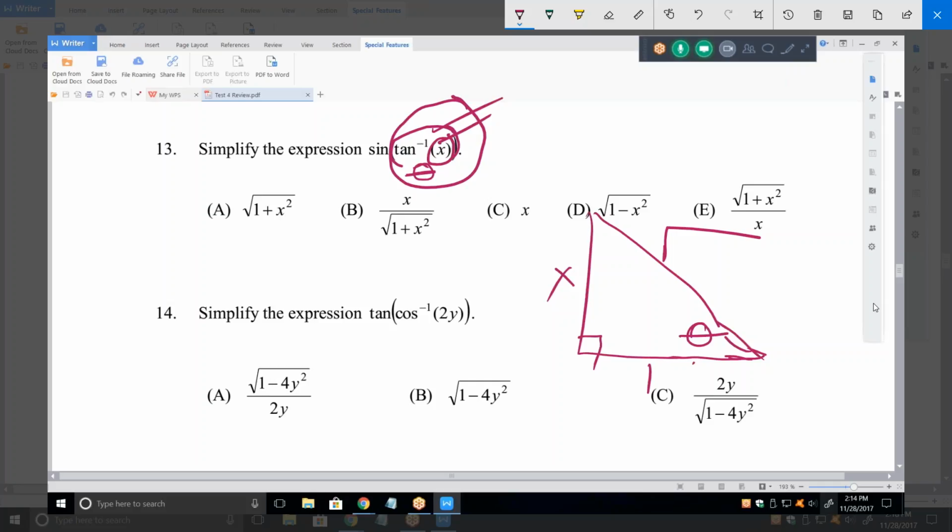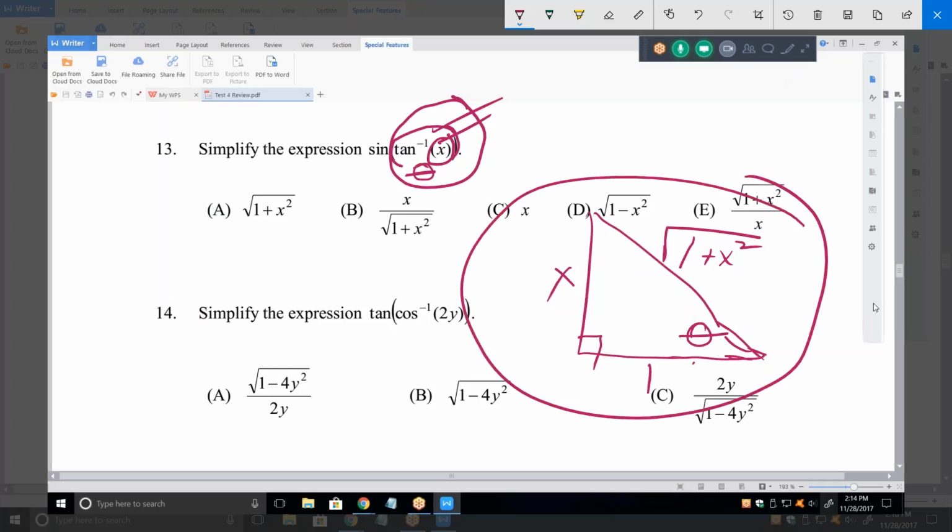One plus X, or no? 1 plus X squared. Pythagorean Theorem, the hypotenuse is the square root of the sum of the squares of the sides. Okay? Okay. With me? Now we know everything there is to know about that triangle.